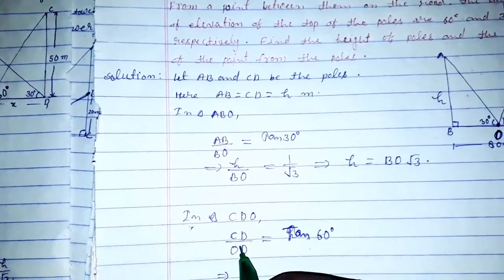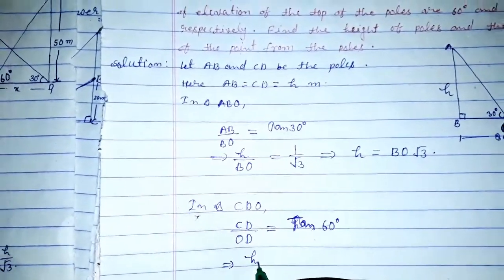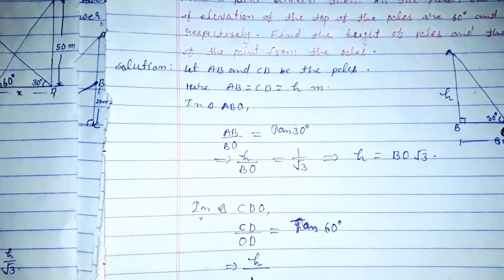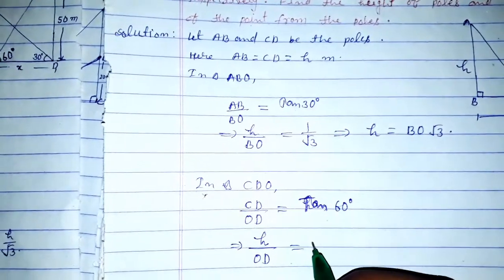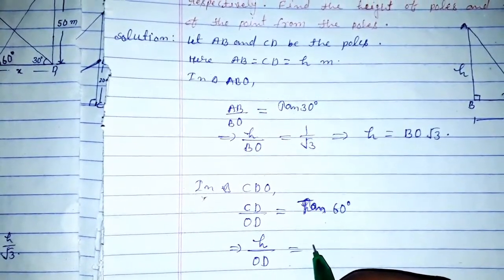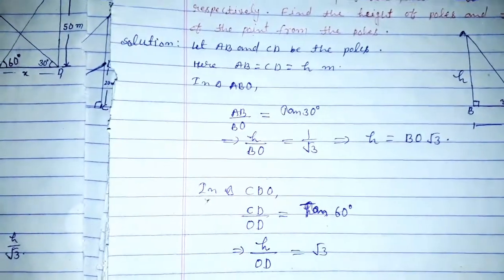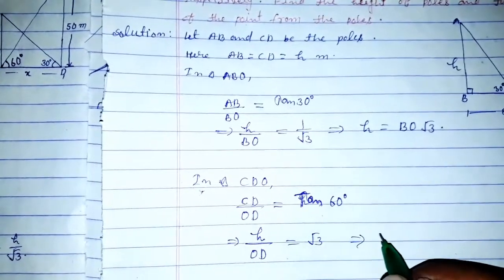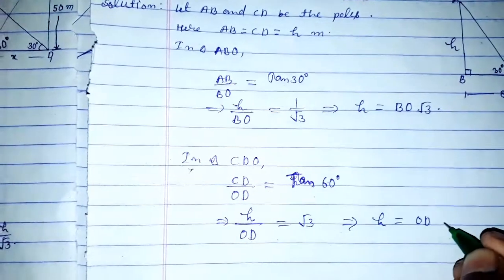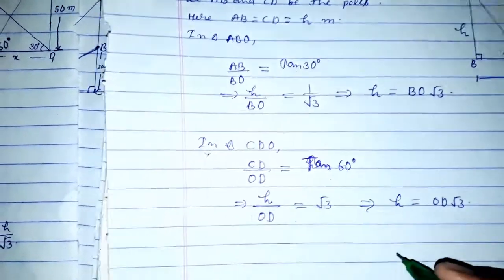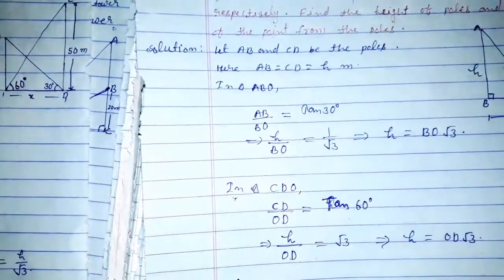What is CD? CD is h, so h upon OD is equal to tan 60, which is root 3. So h is equal to OD root 3.